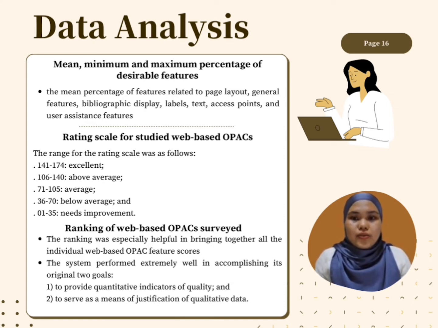For this one, the ranking was especially helpful in bringing together all the individual web-based OPAC feature scores, and the system performed extremely well in accomplishing its original two goals, which is the first one is to provide quantitative indicators of quality, and the last one is to serve as a means of justification of qualitative data.